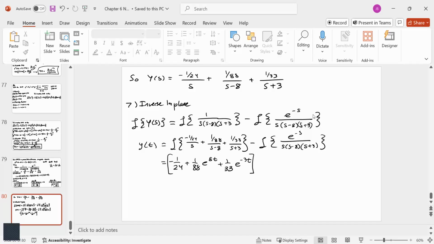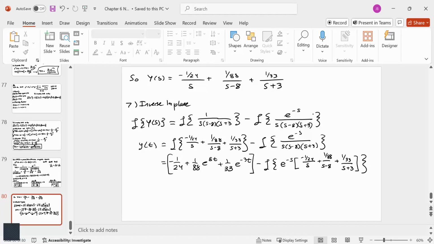We're going to use that formula that I mentioned at the beginning of class, where essentially we have e to the -s times -1 over 24 over s, plus 1 over 88 over s minus 8, plus 1 over 33 over s plus 3. That's what the partial fraction decomposition came down to.